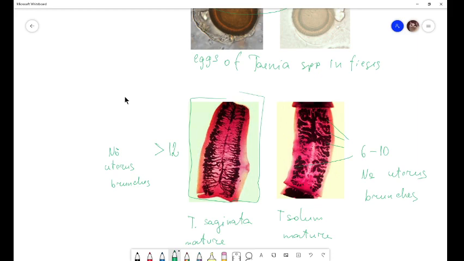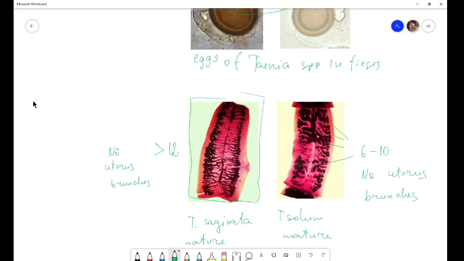If you note fewer than 12 branches, from 7 to 12, no more than 12, you can talk about Taenia solium or Taenia asiatica.